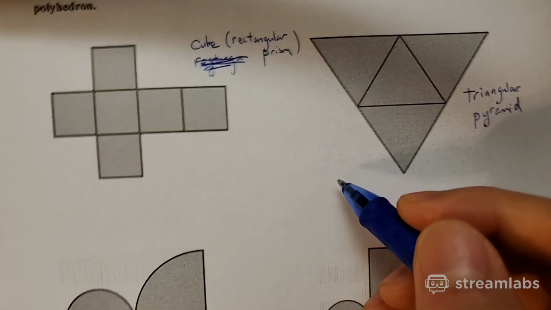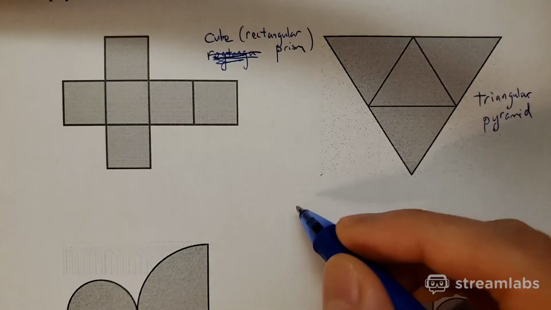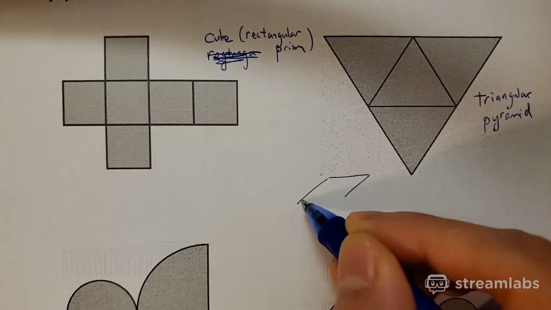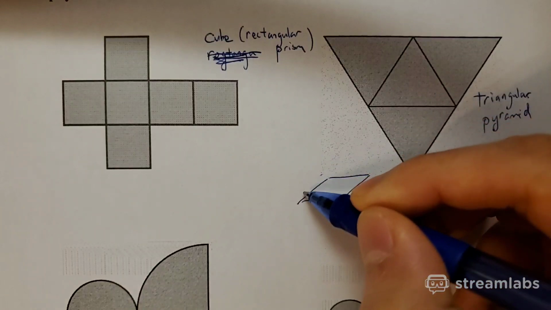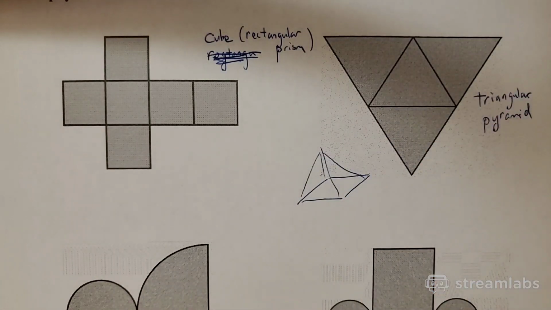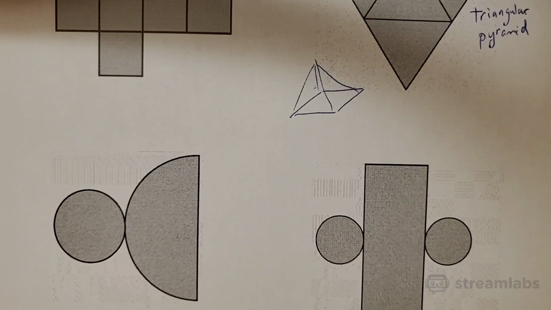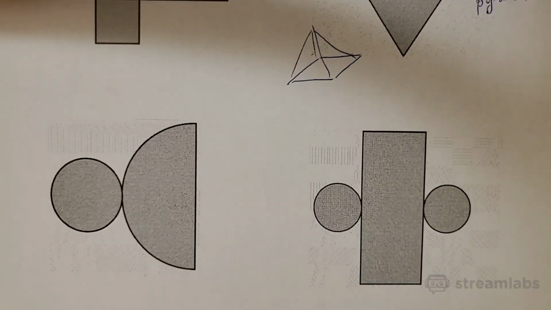Go look it up, okay? Isn't it a square base? So your ancient Egypt pyramids are rectangular pyramids, or square base. But a square is a rectangle, right? So it's a rectangular pyramid, or you can call it a square pyramid, same thing.